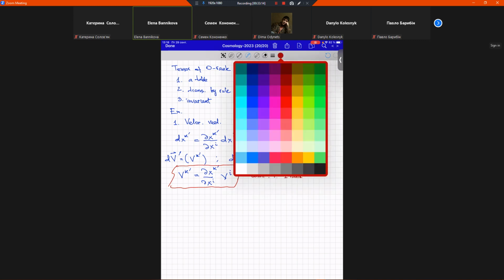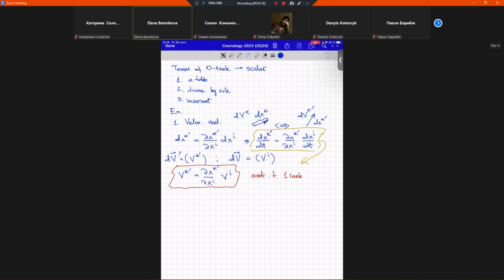So let's write x_k prime as a function of x_i. I can write it like this: x_k prime, and in parentheses, i.